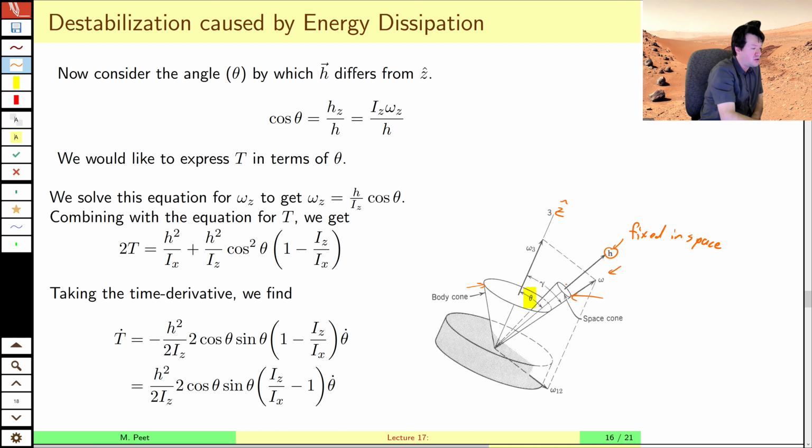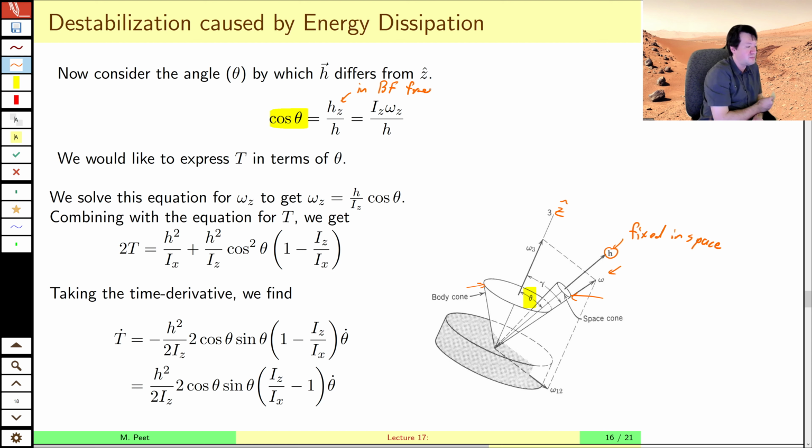So we go back to that theta, and of course we use the definition of cosine here, as the z component of angular momentum in the body-fixed frame. The angular momentum vector doesn't change in inertial space. It changes in the body-fixed frame.